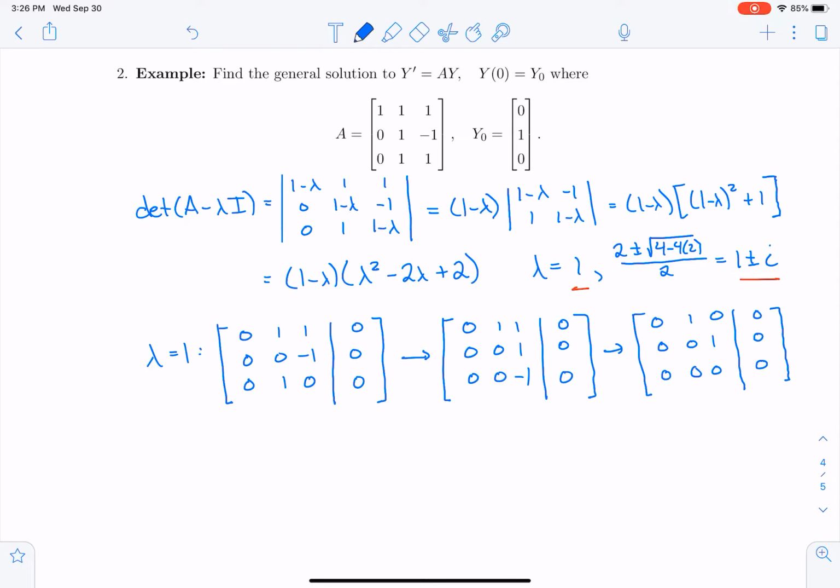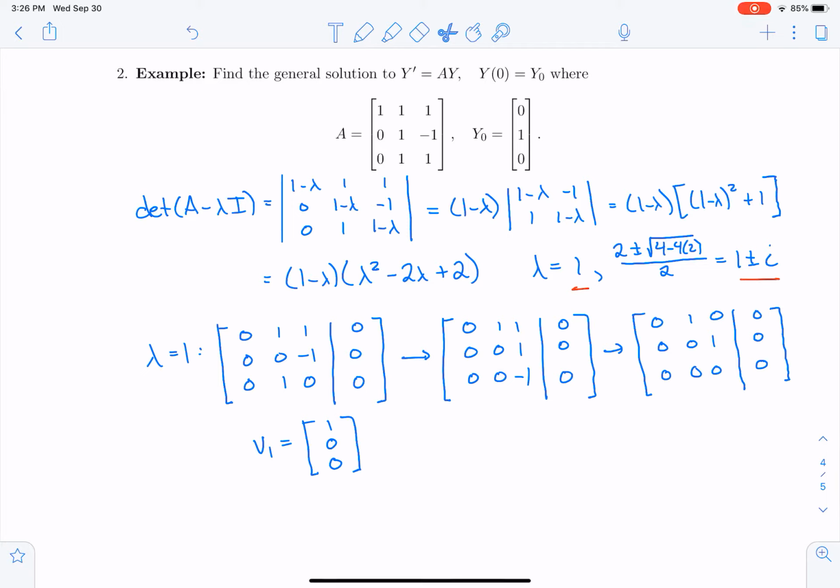Okay, and then that tells me that I have one free variable. And so my eigenvector V1 is going to be a 1 where the free variable is. And then the first row tells me that the second component must be 0. And then the third row tells me that the third component must be 0. So my eigenvector is in fact going to be 1, 0, 0.